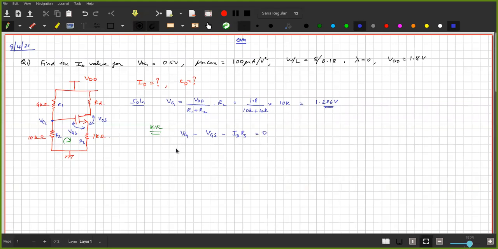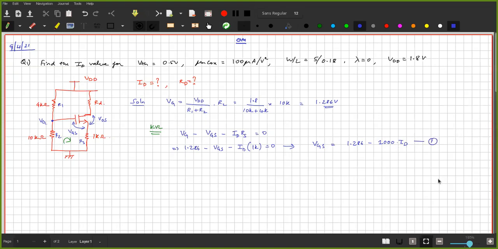Substitute all the values here: 1.286 minus VGS minus ID into RS, and RS is 1 kilo, equals 0. I don't know VGS or ID yet. So I will write VGS is equal to 1.286 minus 1000 times ID. I will call this equation 1.